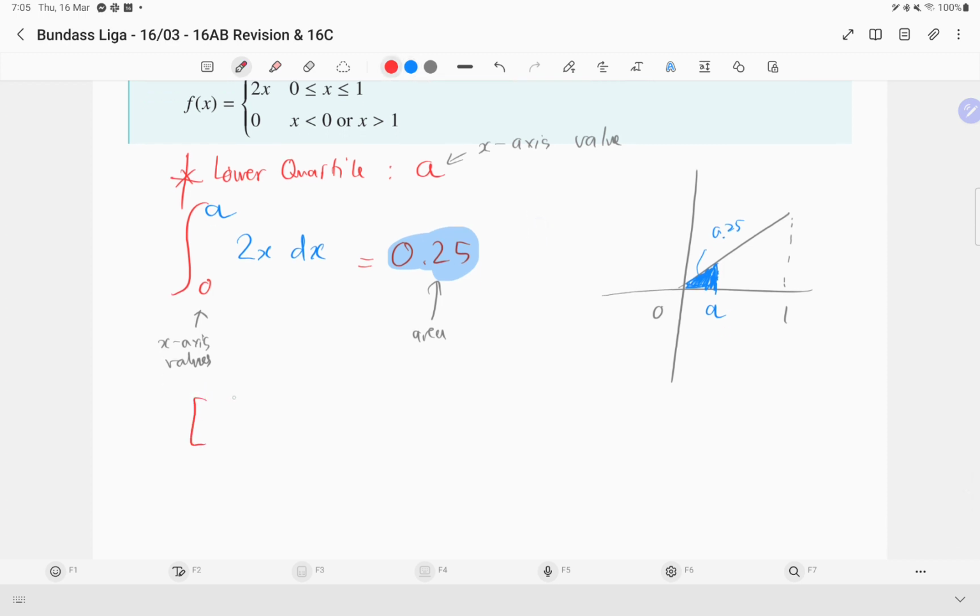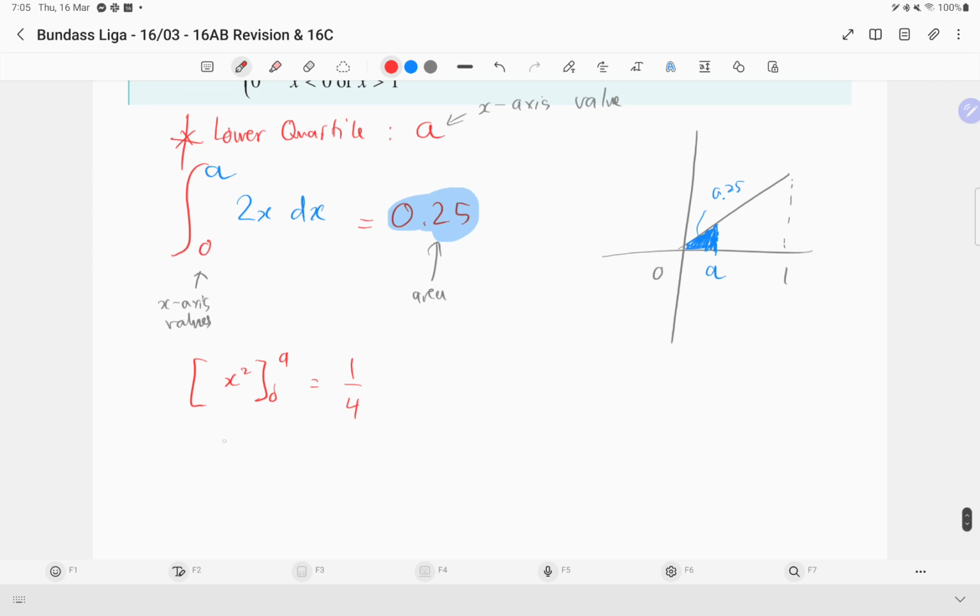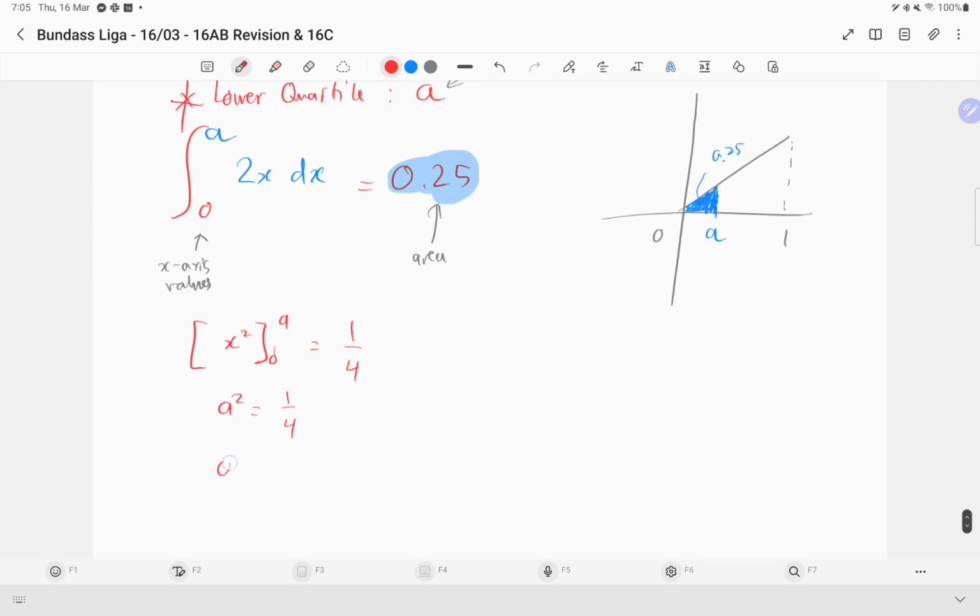So that would be x squared over 2, which is just x squared, from 0 to A, equals 1 over 4. Sub in A minus sub in 0, so A squared equals 1 over 4. Now A equals 1 over 2, or A equals negative 1 over 2. Which one is rejected and why? Negative is rejected. Why?